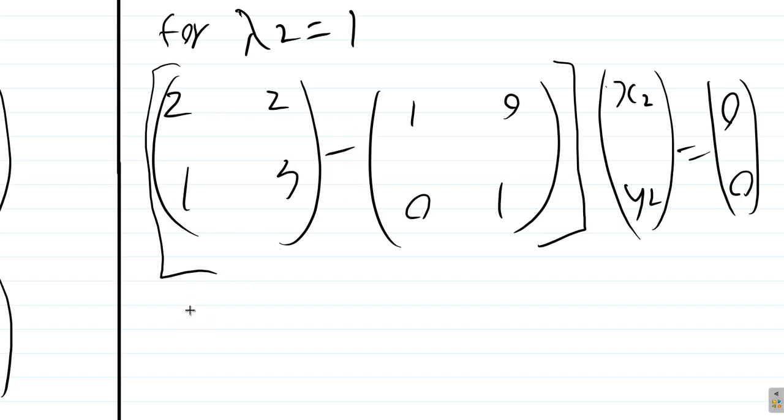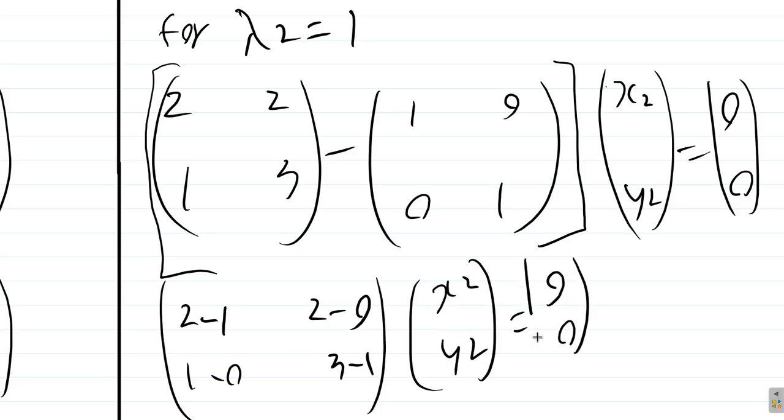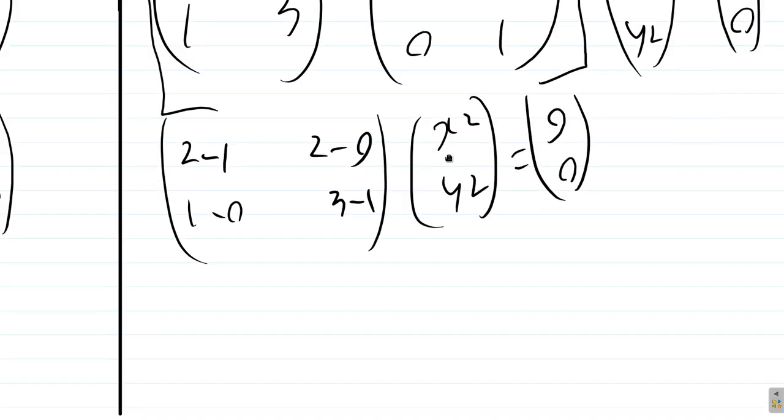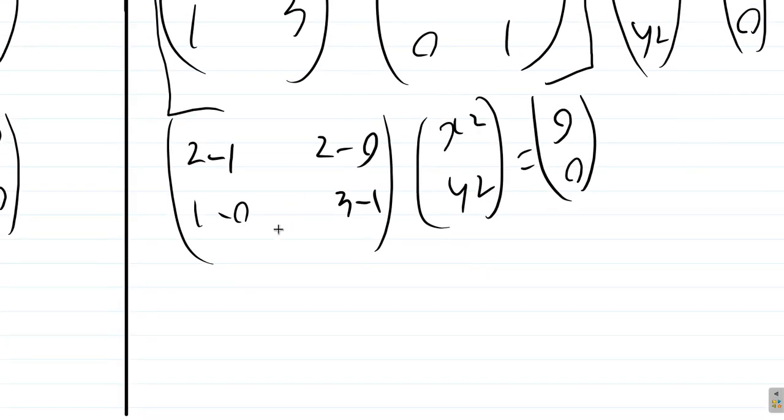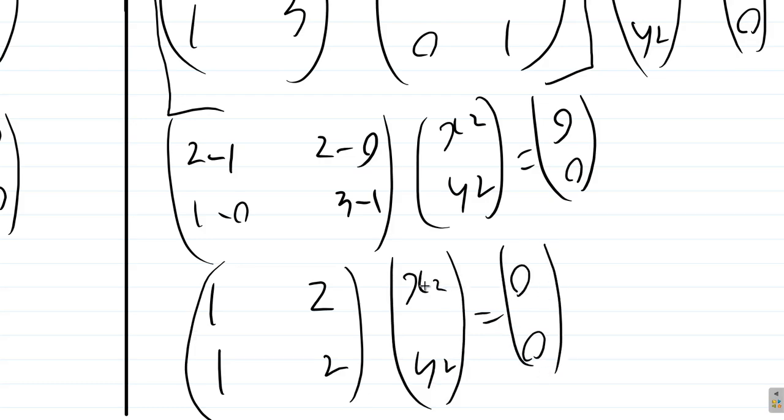So here we're going to have 2 minus 1, 2 minus 0, 1 minus 0, 3 minus 1, times x2, y2 equals 0 0. So here now, 2 minus 1 is 1, 2 minus 0 is 2, 1 minus 0 is 1, 3 minus 1 is 2, times x2, y2 equals 0 0, okay.